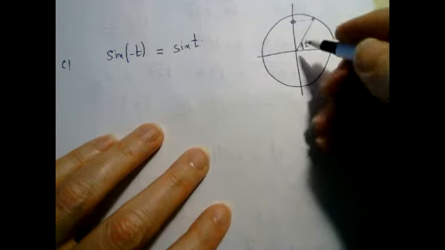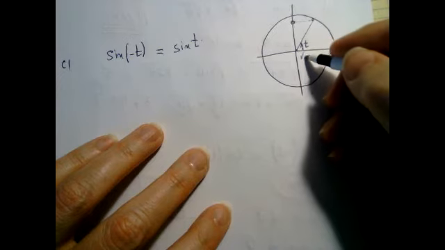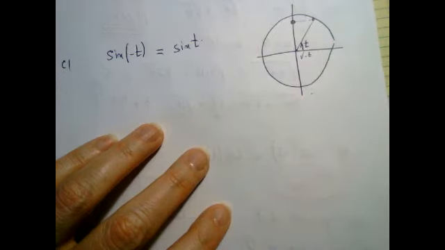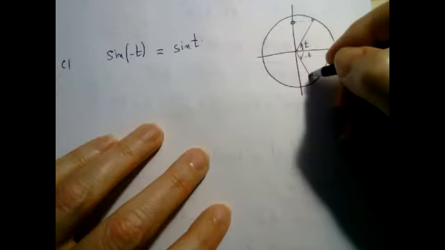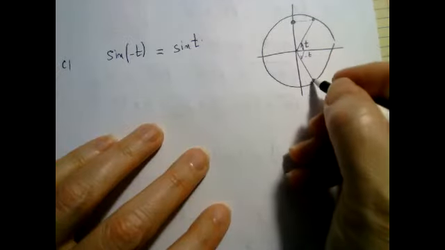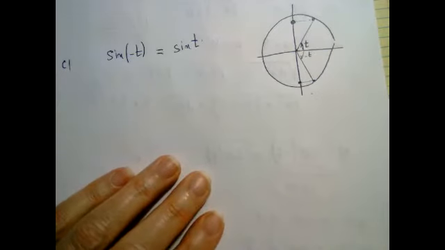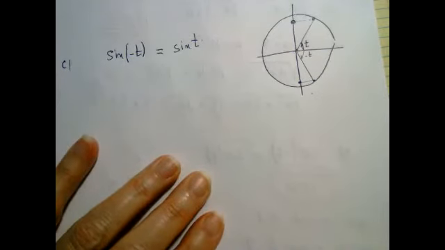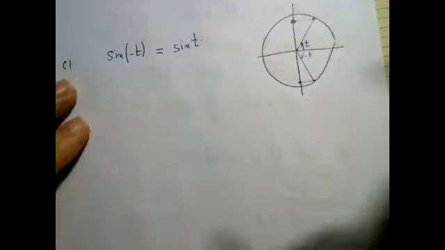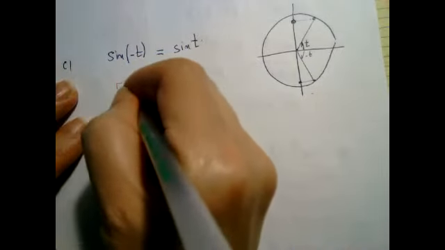What is minus t? That's minus t. What is the sine of minus t? Okay, I am done. True or false? Back to you. Absolutely false. So now give me an example.